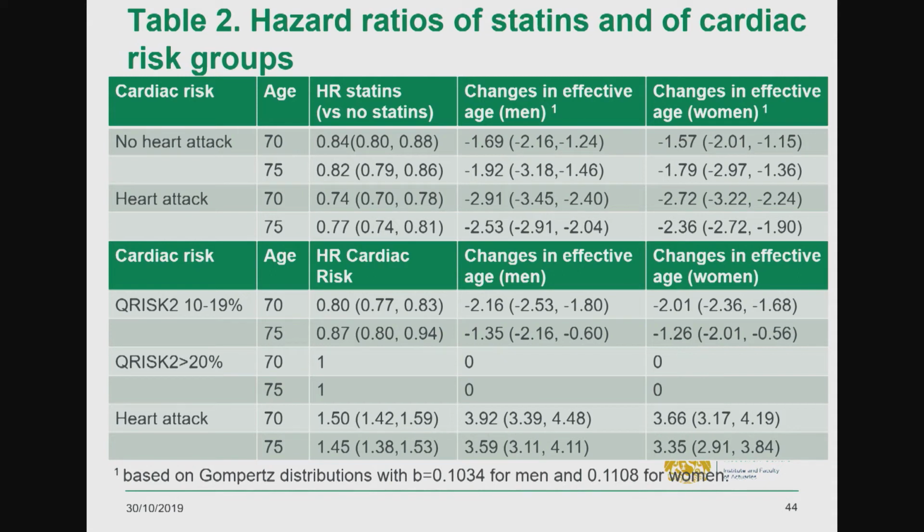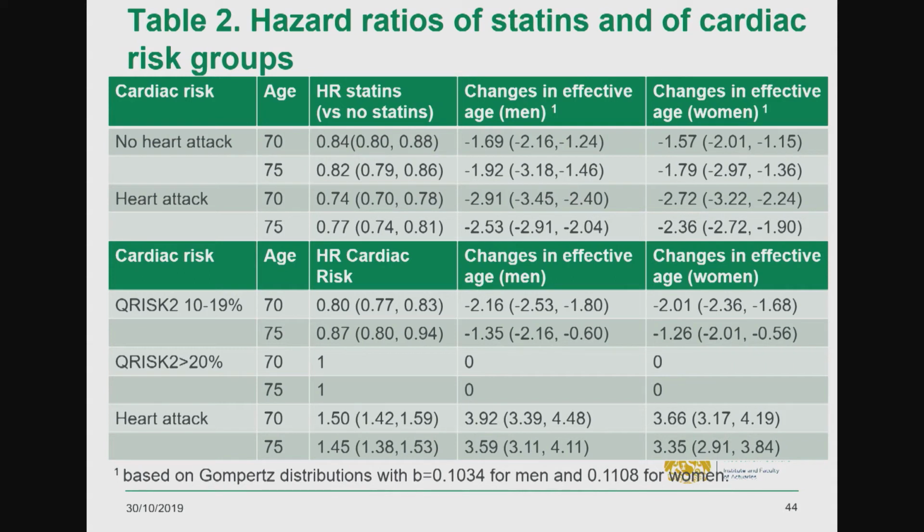And you can see that effect of statins is pretty similar at both ages. It's 0.84 hazard ratio at age 70, 0.82 at 75, and they result in similar decreases in effective age.